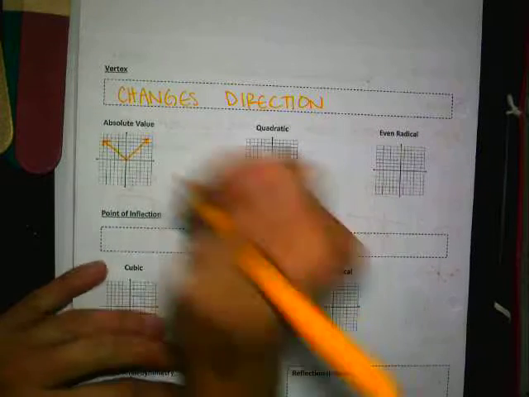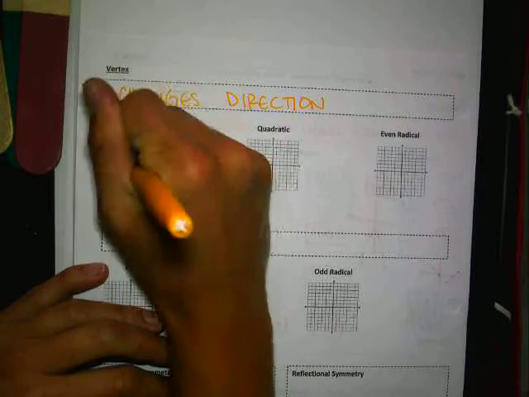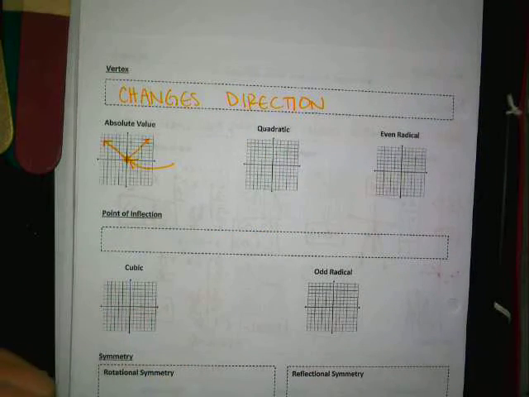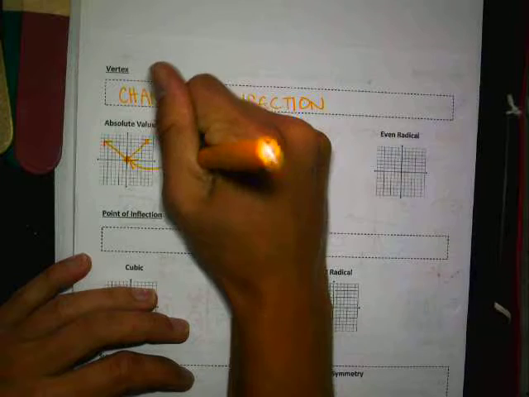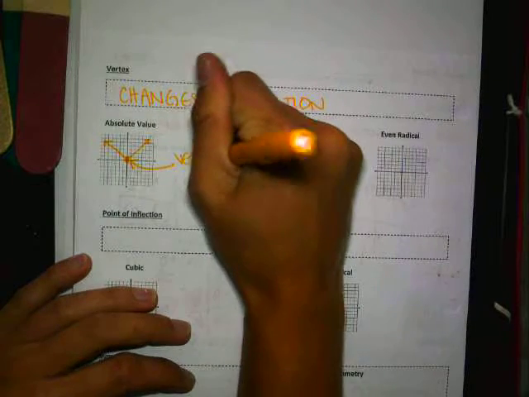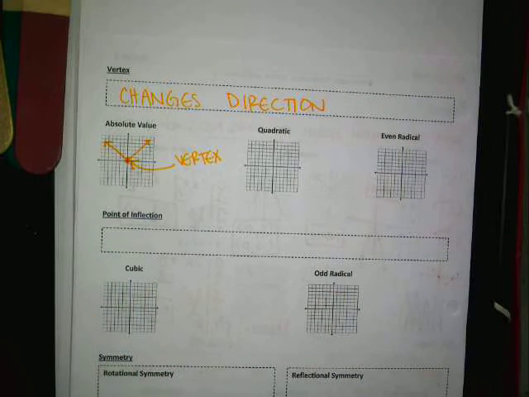And it's changing directions right here at this corner point. So that would be where your vertex is. And remember, your function can be shifted all around, so your vertex can move, but it will be this corner point right here. Okay?